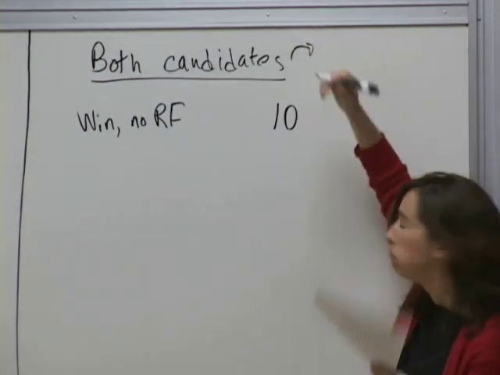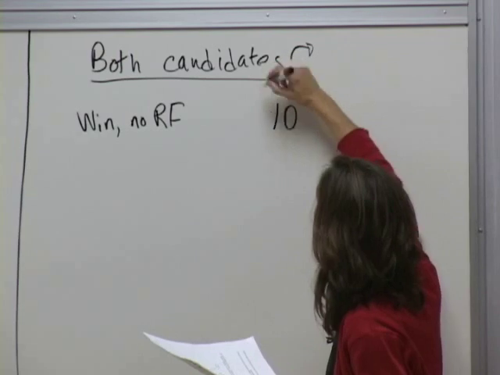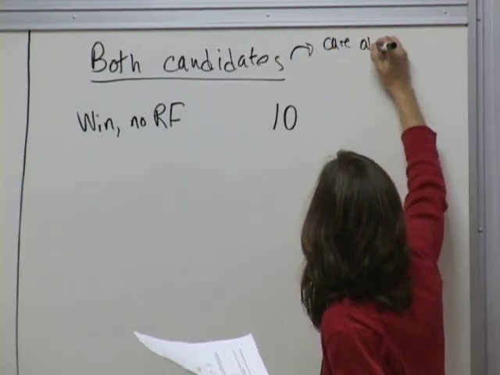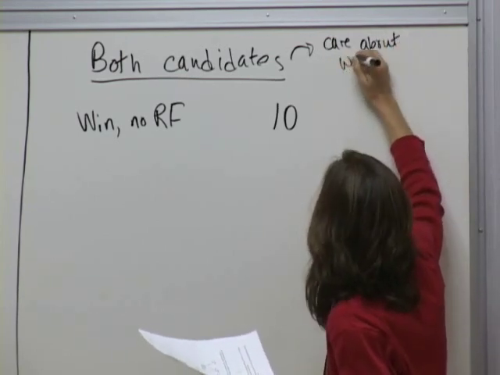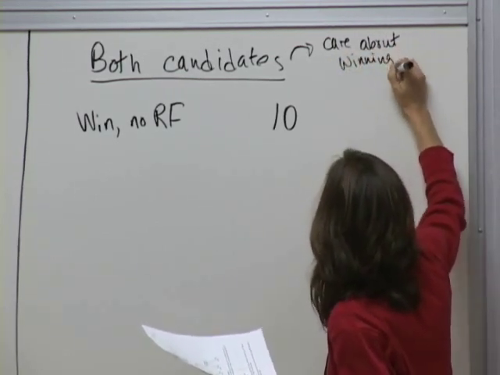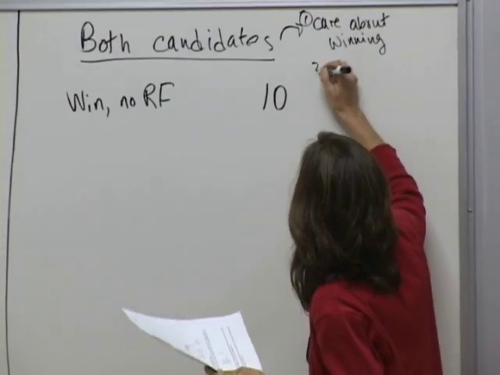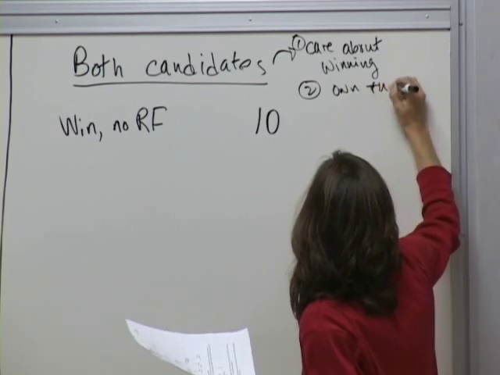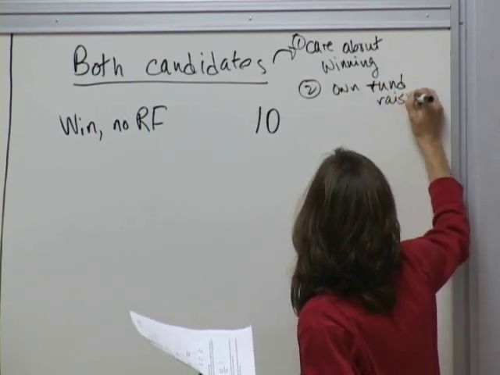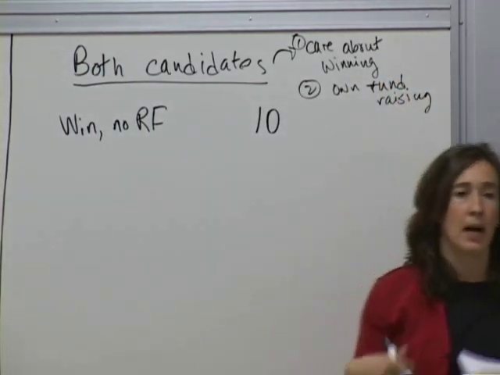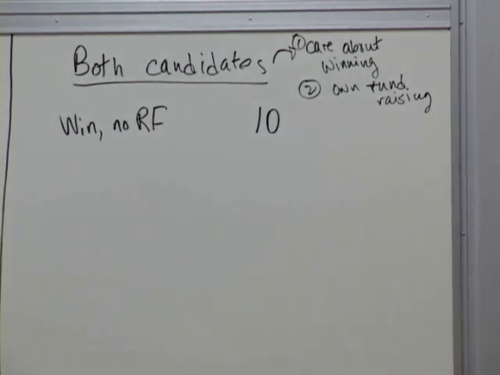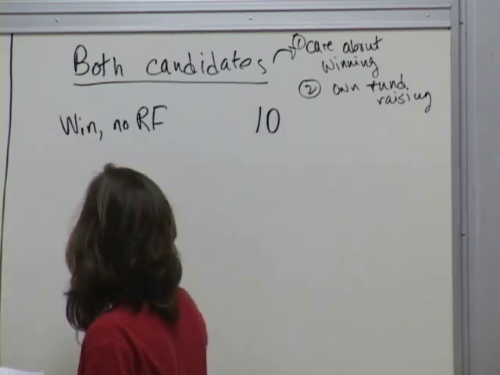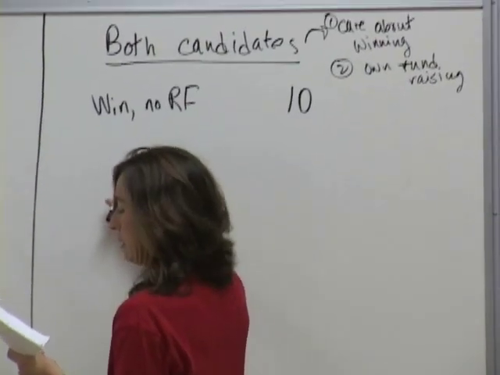Implicit in this little box of payoffs is that they care about, one, whether they win, and two, their own fundraising. So if I'm the incumbent, I'd prefer that I don't raise funds, but I don't care if you do. Challenger, I care about whether the challenger raises funds, don't care about whether the incumbent does.